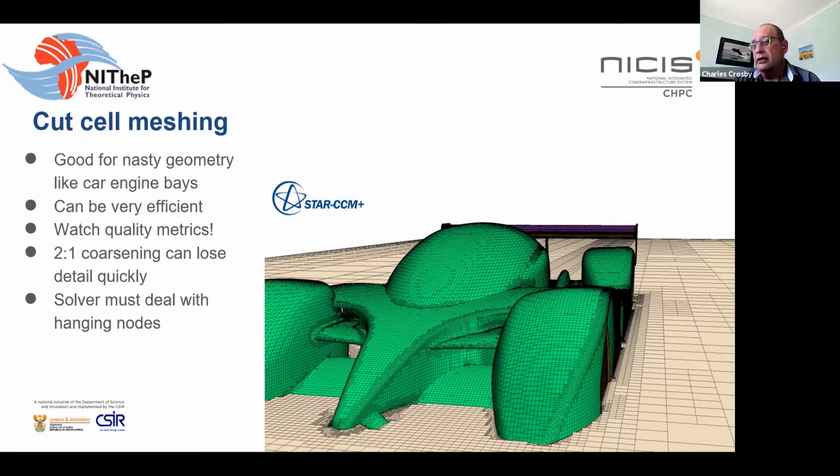Okay. So the other thing, of course, with this cut cell Cartesian meshing is that it inherently gives you a 2-to-1 step in the way that the grid's progressing. So you've got a topology change from here to here, and the solver must be aware of it. So there are a couple of different ways of doing it.